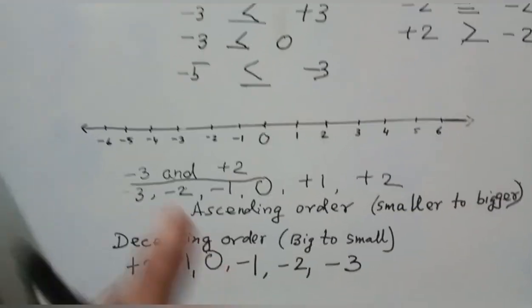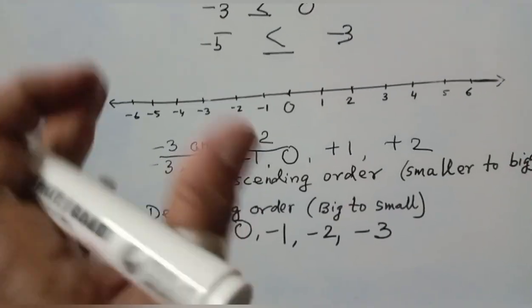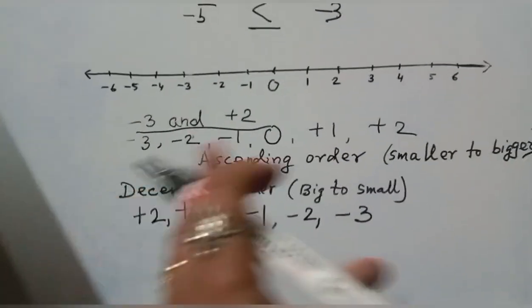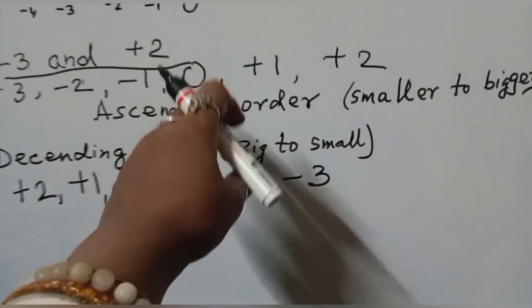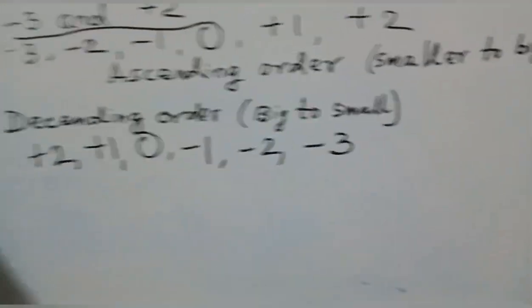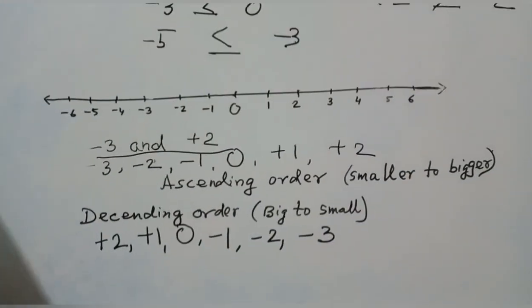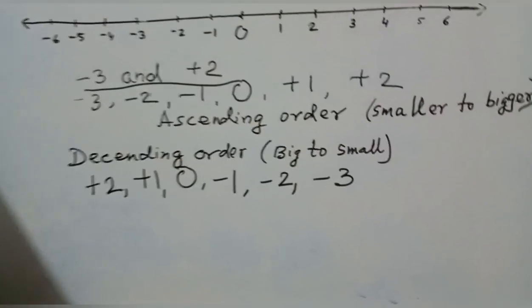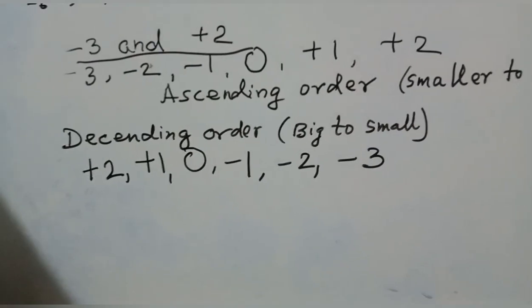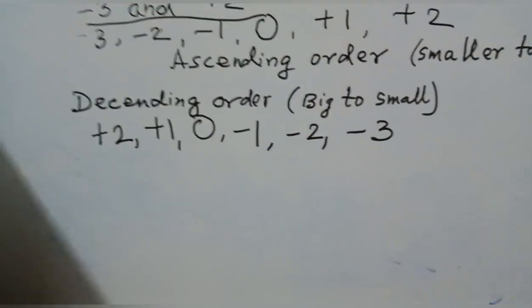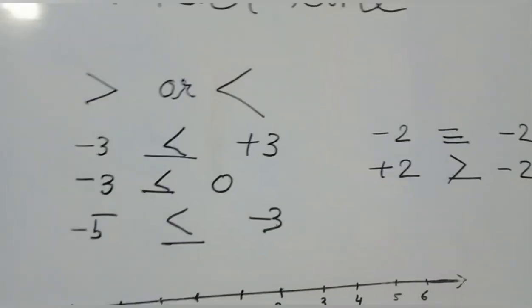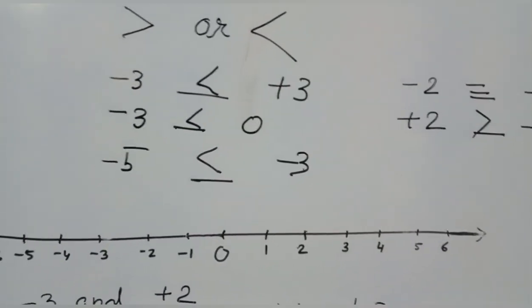And other than that, you might get questions in class 5 or 6: write the numbers between any negative number and positive number. If 0 is in the middle, then you should write 0. 0 is greater than any negative number. We have to remember it. And other questions which come are arrange in ascending order or arrange in descending order, or greater than, lesser than, equal to.